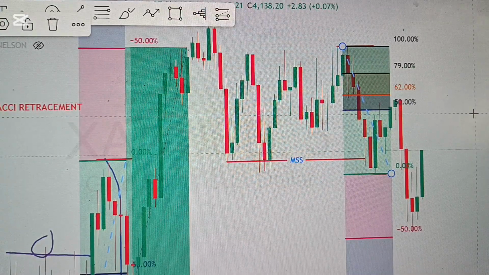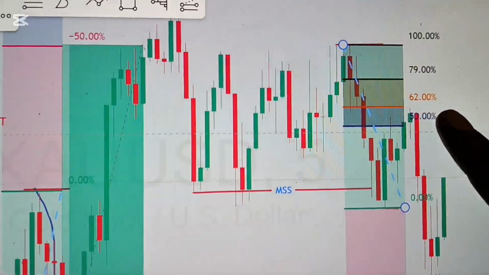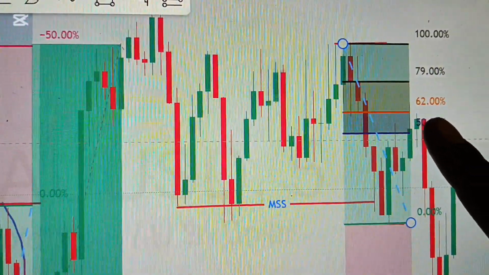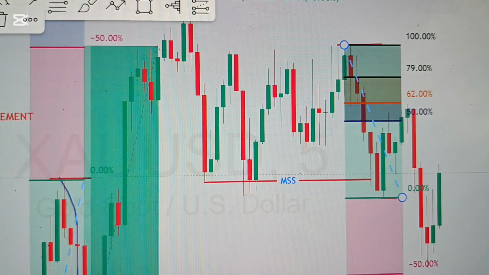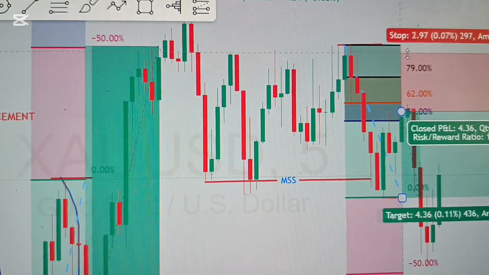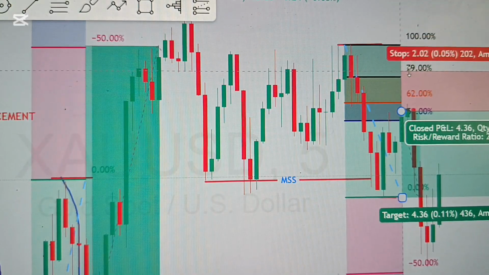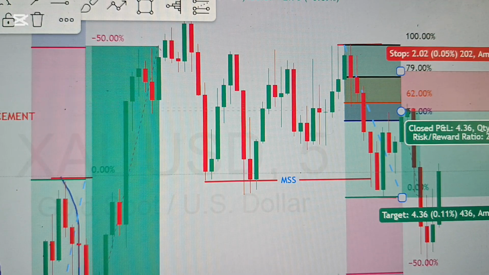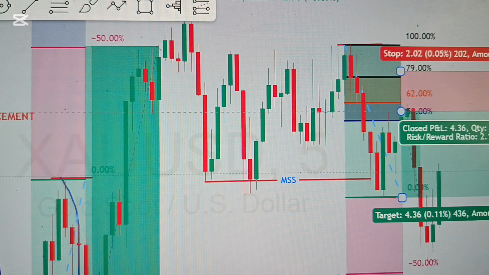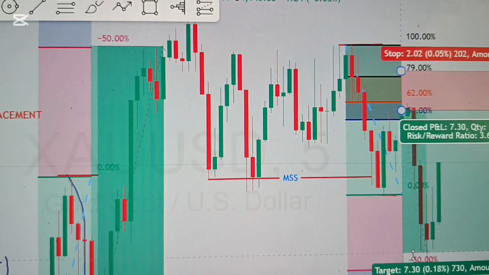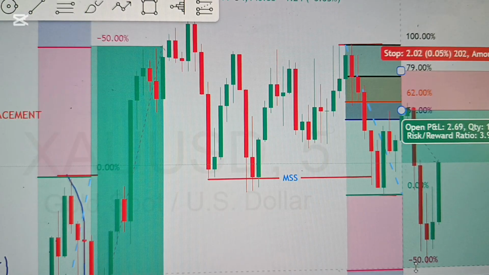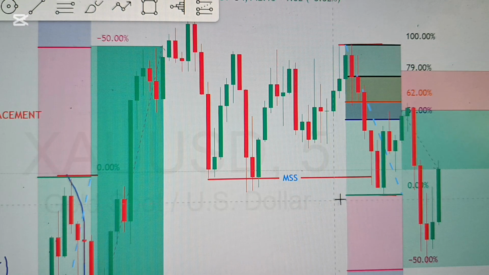Check that. The price just came back to between 50 and 62%. Between 50 and 62%, that is where we put our entry. Our stop loss should be at least slightly above 75, and the first take profit is at 0%, as we have said, and the second take profit should be at least at 50%.